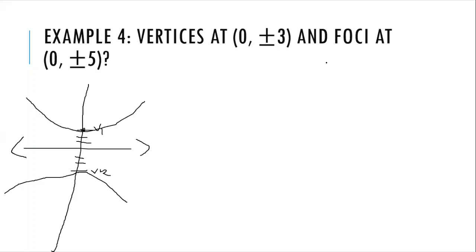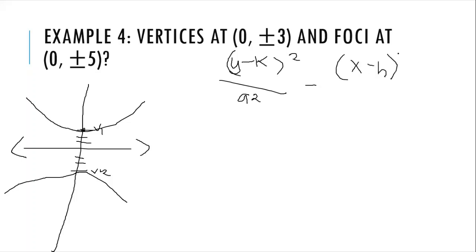Since it is vertical, we use y minus k quantity squared over a squared. Since they are not switched, in the numerator only, x minus h quantity squared over b squared is equal to 1.